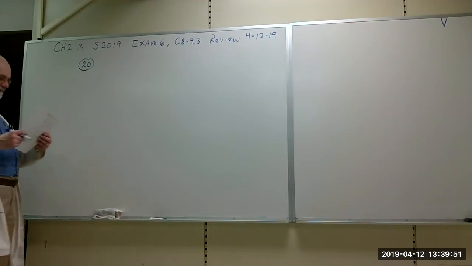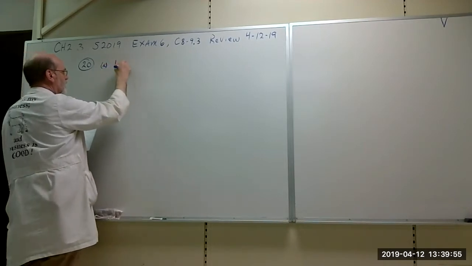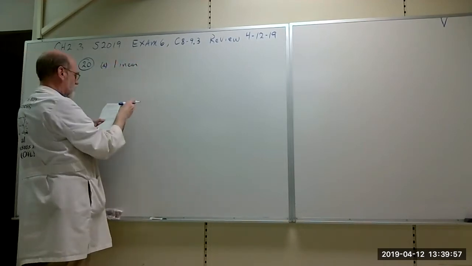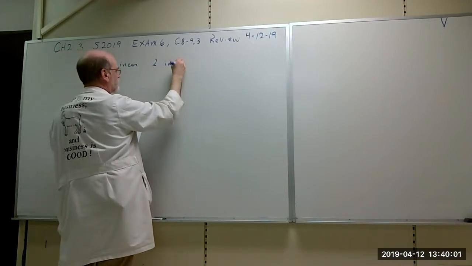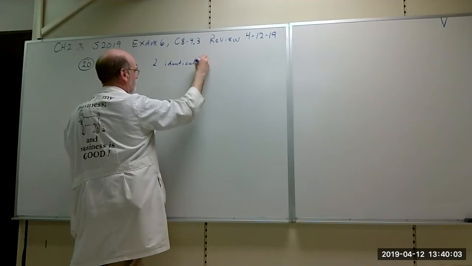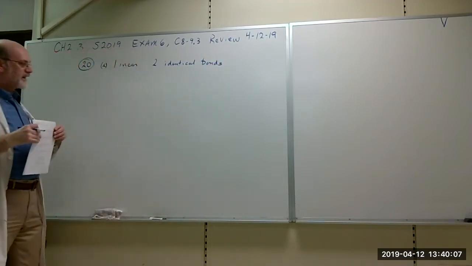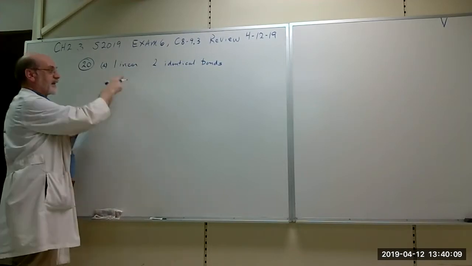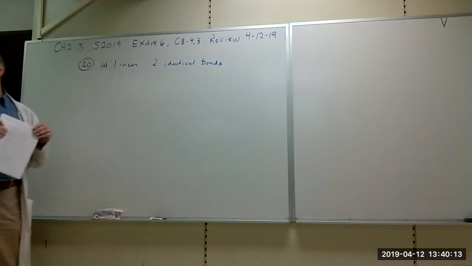Those 2 conditions. So A is a linear molecule with 2 identical bonds.